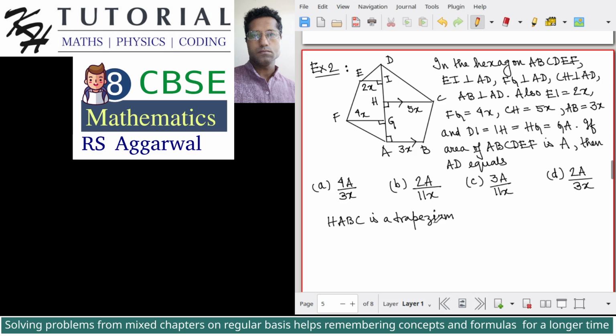Fine. So we can see on the left hand side of the diagonal AD we are having two triangles and one trapezium. Since EI will also be parallel to FG, as they both are perpendicular to AD, EFGI is also a trapezium.